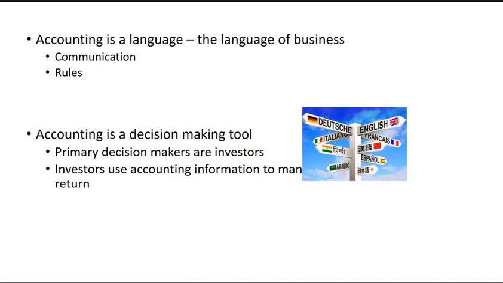So, the second thing I want you to think of accounting as is a decision-making tool. For what we're going to talk about this semester, financial accounting, our primary decision makers are investors. Those are individuals or businesses, doesn't matter. Those who want to make an investment in a business for some sort of a return.